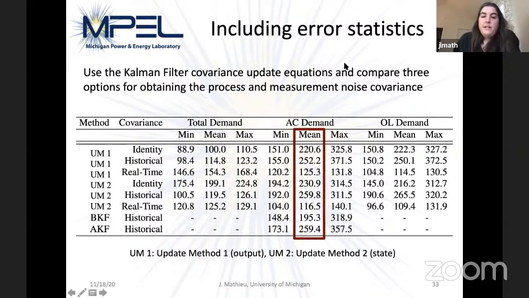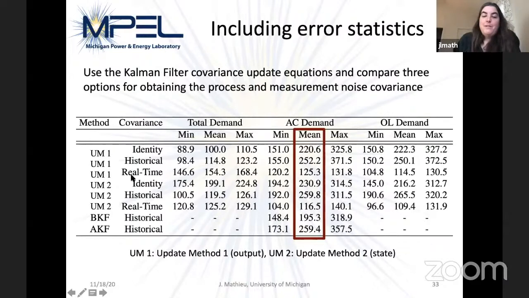And the main takeaway here, again, too much data, I'm sorry, is that if we assume we don't know anything about the error statistics, so basically how well this algorithm is performing over time, we get root mean squared errors that look like this. Identity means that we don't have any information about the covariance matrix. If we use historical information about the covariance matrix, it changes the errors, but you'll see it actually increases the error. So we do worse if we use historical data to parameterize the error statistics.